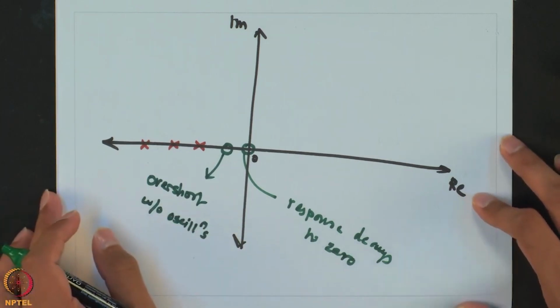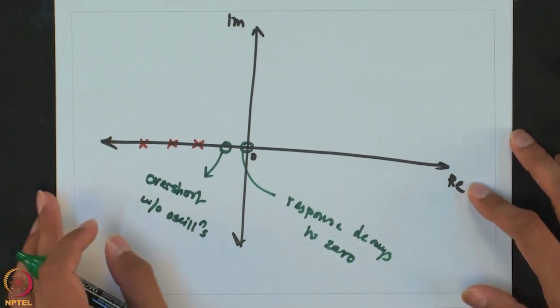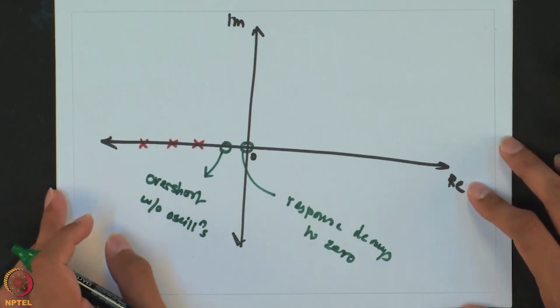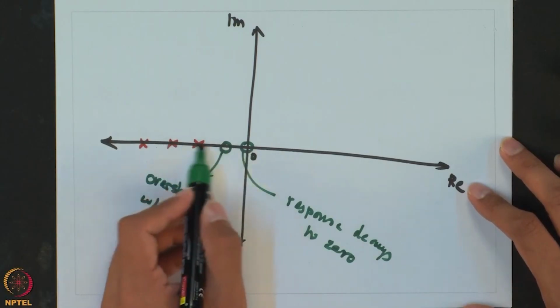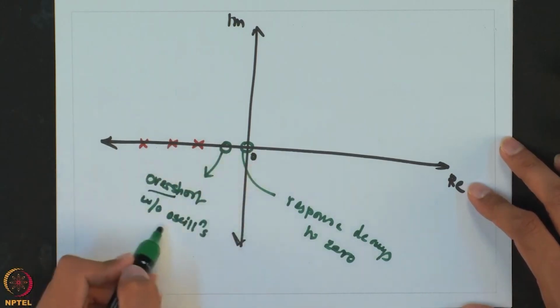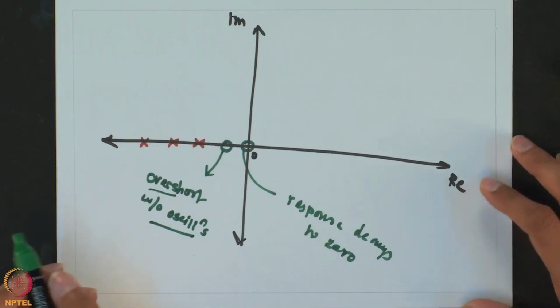So this was the case when we had overshoot in that first order or second order system. This is the type of 0 which is closer to the origin than any of the poles. Those cases will give you overshoot.